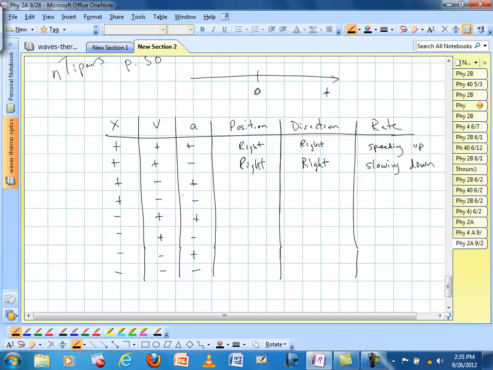And the plus minus only depends on your choice, which is arbitrary, of what the positive direction is. Sometimes when you're working problems, most students like to take up as positive. But sometimes it's easier to take down as positive. Then all the numbers become like if I drop something, it's going down, so the velocity is down.